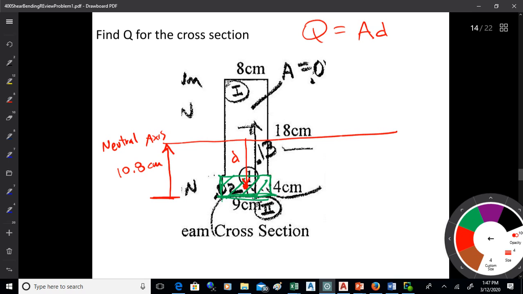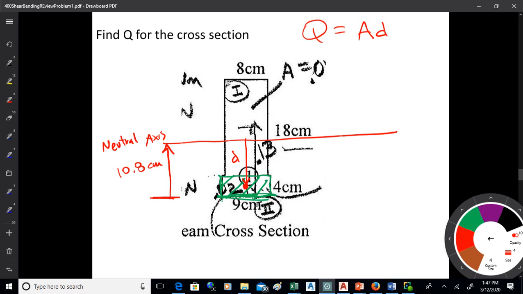D is that distance. And I would suggest on this stuff, I know it's the end of the term and we start getting a little tired, but just go through this stuff. Sigma is MC over I. M is off the moment diagram. C is the distance from the neutral axis to either edge of the beam. I is the moment of inertia. Shear is V off the shear diagram.